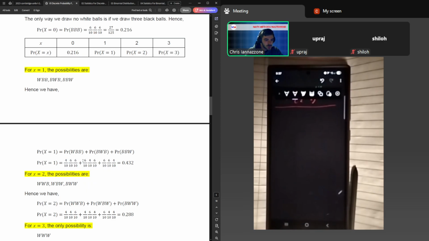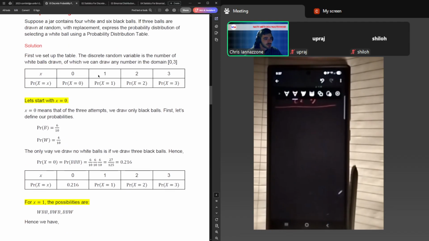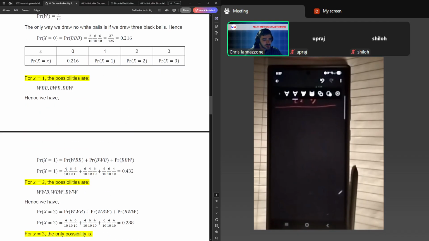It doesn't matter which order I do these multiplications in, I get the same result anyway. So you won't have to simplify each of these individually. A lot of the time, if it's a with replacement thing, then you just do the math one time and then just multiply through by the number of possible combinations. So you do 4 out of 10, 6 out of 10, 6 out of 10, and you'd multiply that by 3 because there's 3 copies of that same thing.